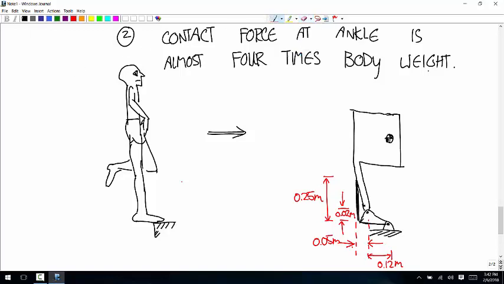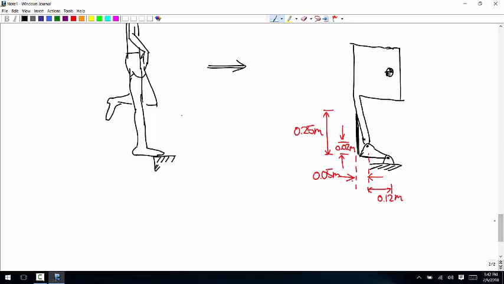Okay, so we're going to do the same thing we did before. We're going to isolate the foot, and I didn't give a mass. I guess I just called the mass M. I'm going to assume that the mass of the foot is nothing, just again to get a little of the numbers out of it.